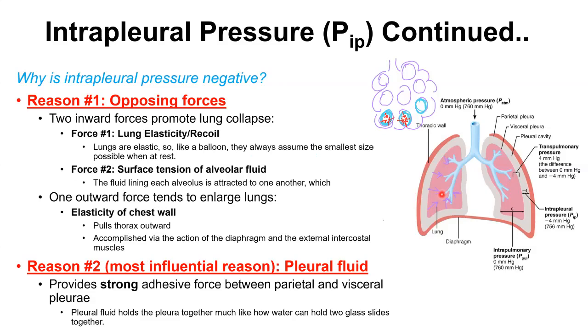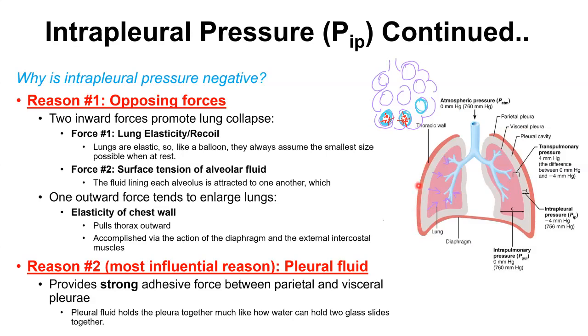Now, in contrast, there's also an outward force that tends to pull on the lungs and make them want to stay expanded. And that outward force is the elasticity of our chest wall or our thoracic wall. And if you kind of think about this, it makes pretty good sense. So as you can see in this picture, the pleura, specifically the parietal pleura, is adhered to the chest wall.